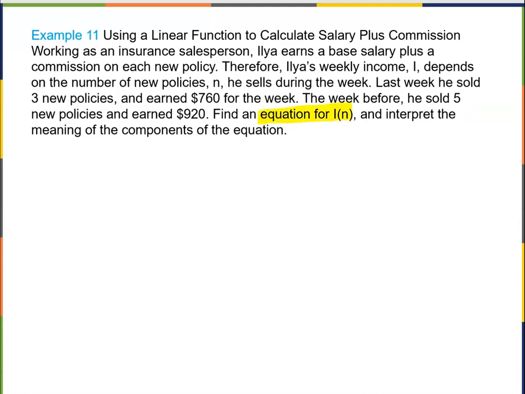So again, we want to find the equation for I of n. What given information do we have here? We have 2 input-output pairs. And what are those? That's 3 policies and $760 for the week, so (3, 760), and (5, 920).